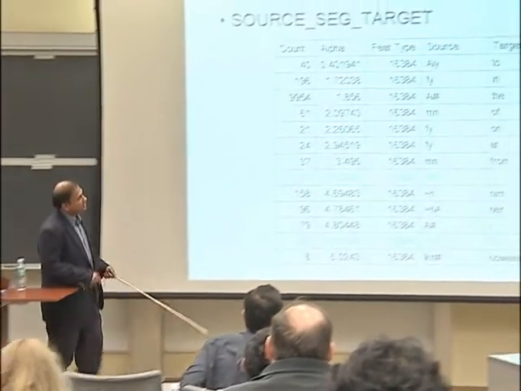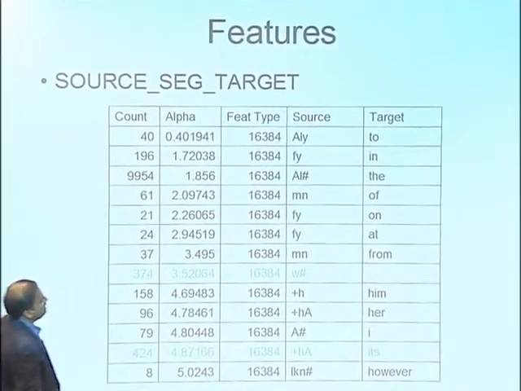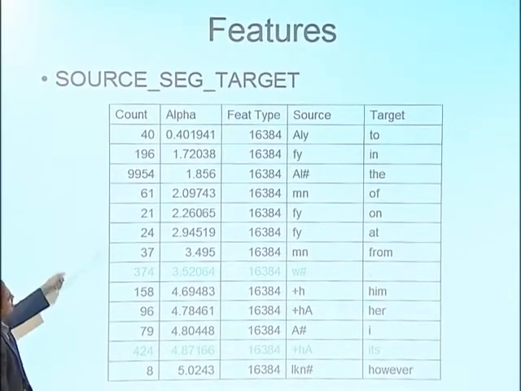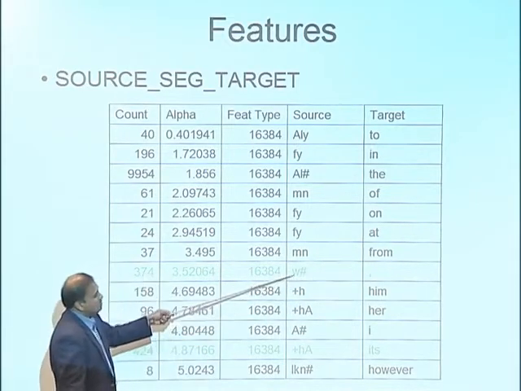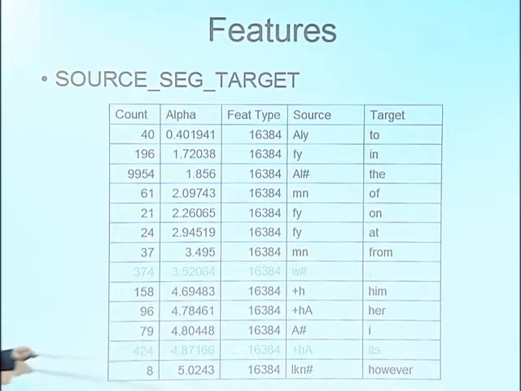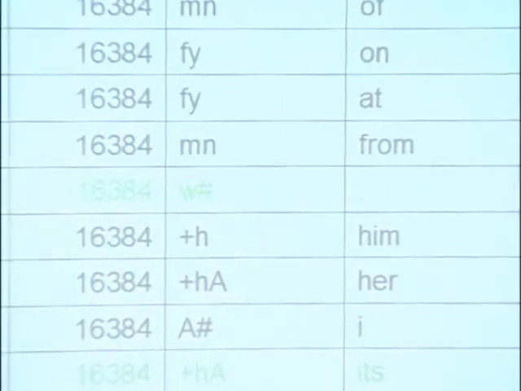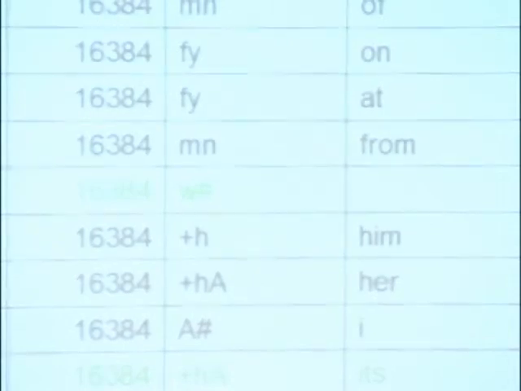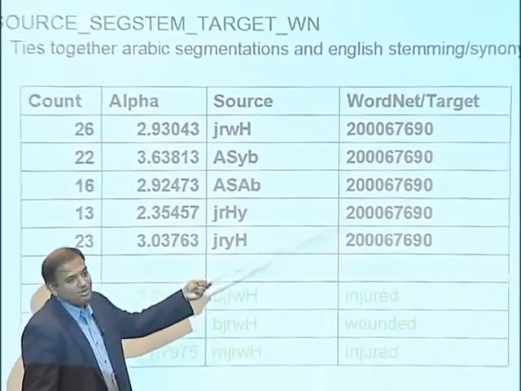Okay, so other features look at the English words and then the segmentation of the Arabic. Similarly, the alphas. Here, one interesting feature is comma goes to the Arabic wa, which means and. So comma and and are good translations of wa. Another feature is in the English, we have WordNet information.